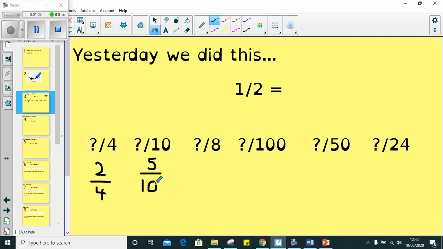And get 5 tenths. To turn a half into an eighth, you'll multiply it by 4 and get 4 eighths. A half to 100, you should know that half of 100 is equal to 50, so it is 50 hundredths.